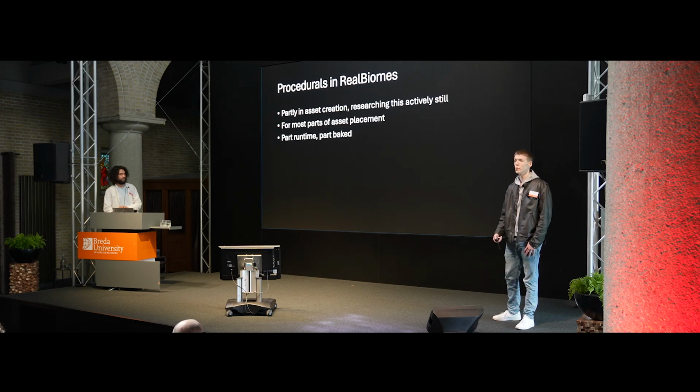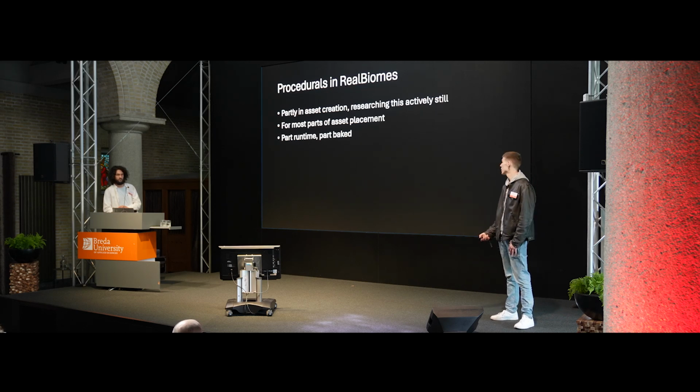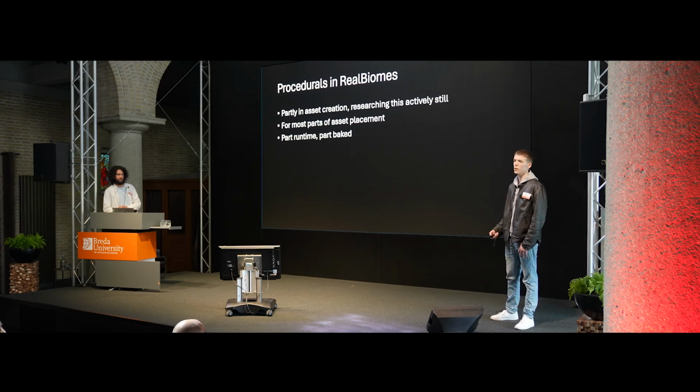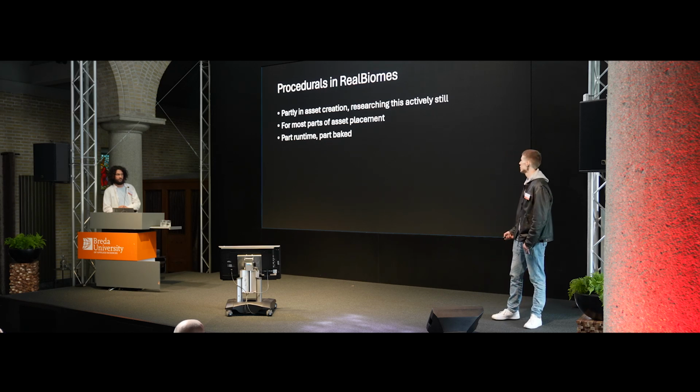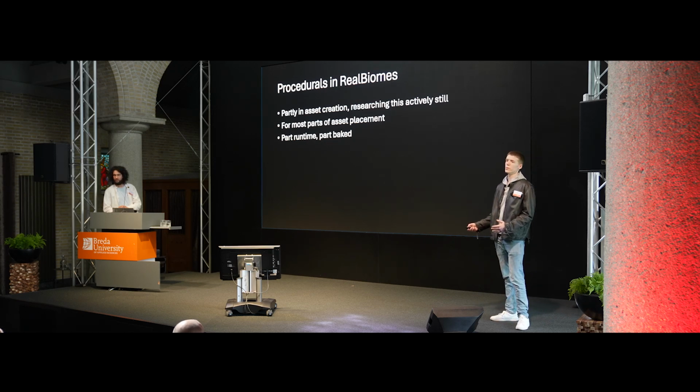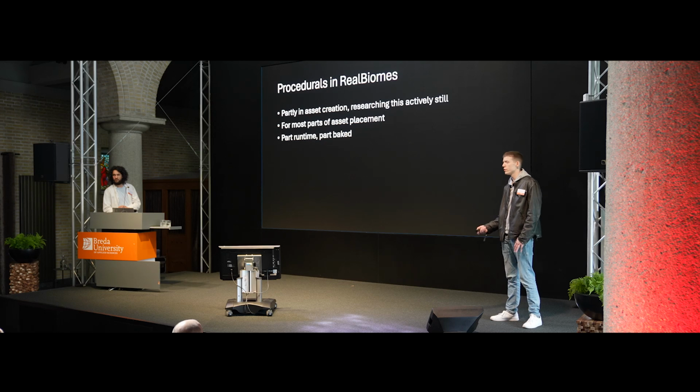Part of it is runtime using GPU scatter, and part of it is baked. The reason why we bake certain elements is because we also want to retain some of the art directability, which means we want to give people the ability to adjust the procedural generation a bit to their own liking, because it's difficult to get exactly what you want with proceduralism sometimes.